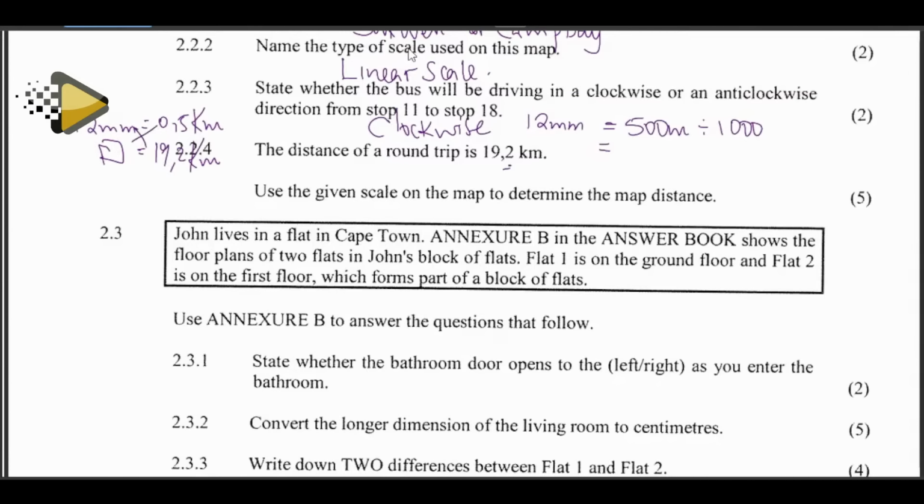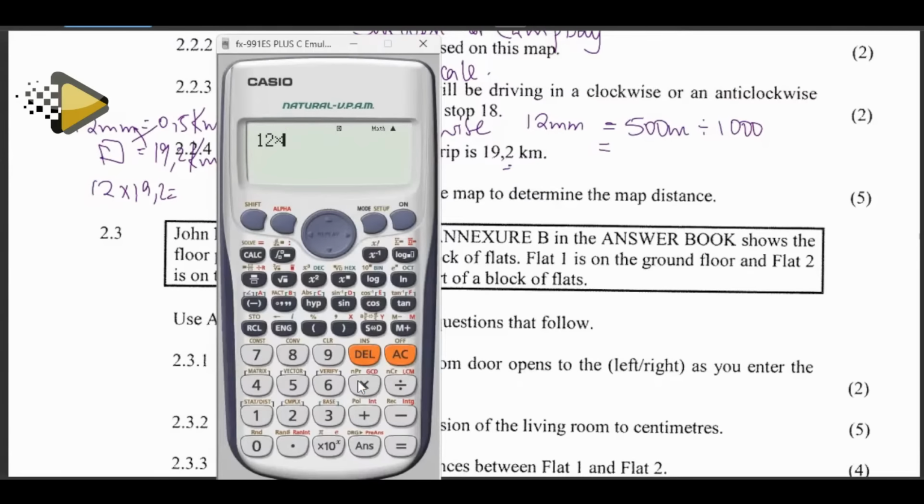This goes with that, so you multiply 12 times 19,2. The answer became 230.